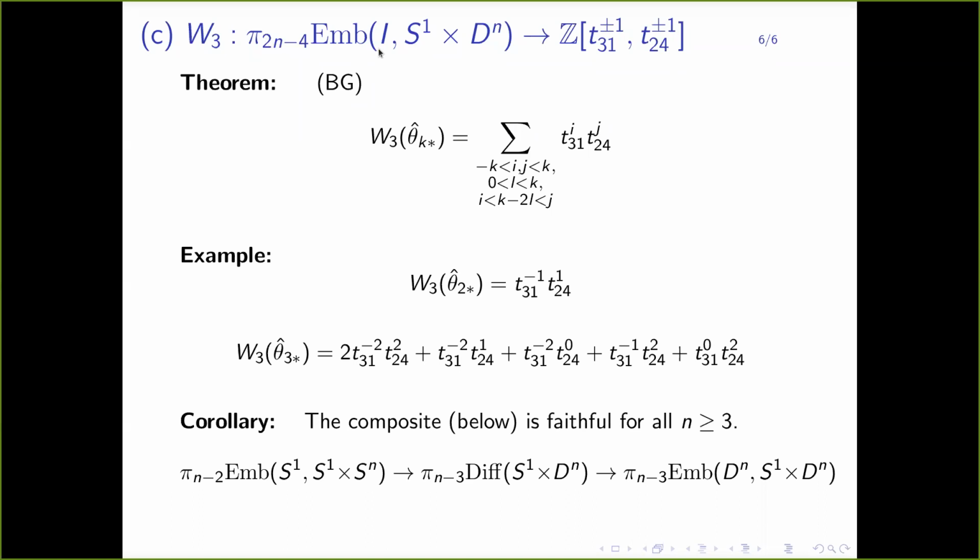Right, so now you've got a map from a 2n minus 4 sphere cross basically a tetrahedron into the configuration space of 3 points in this S1 cross Dn. On the boundary, sphere cross triangles, those maps, for theta k, are just null on the nose, and we can write down an explicit null homotopy.